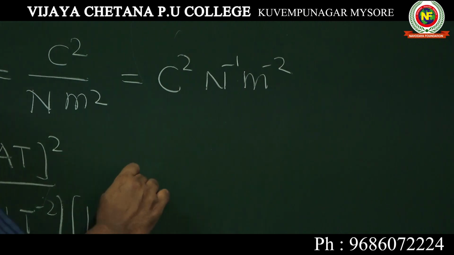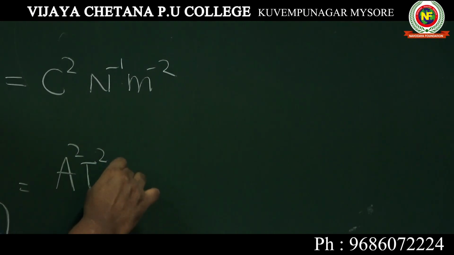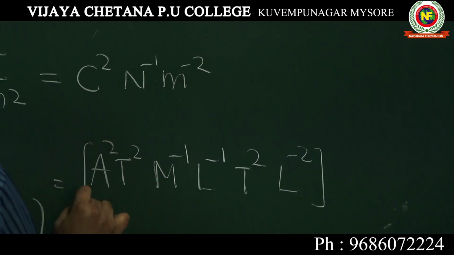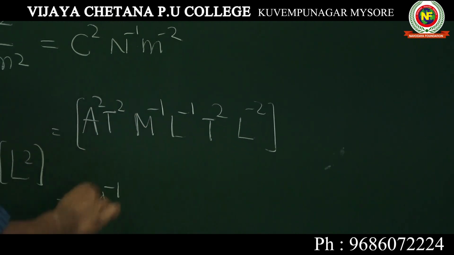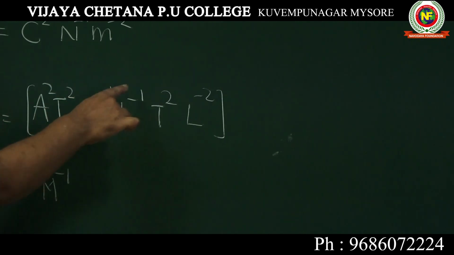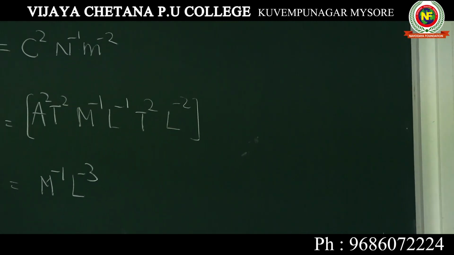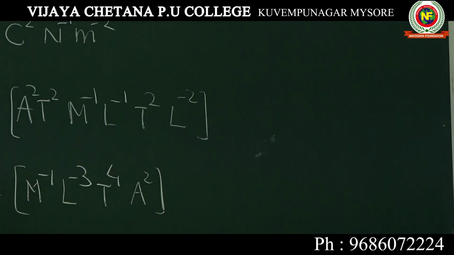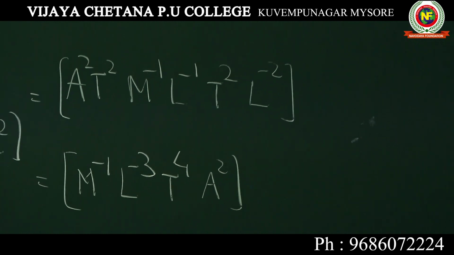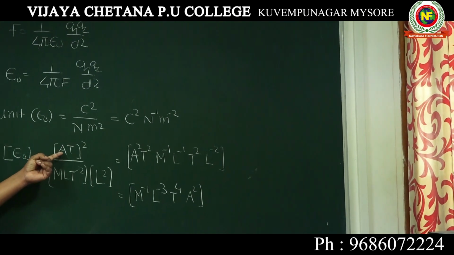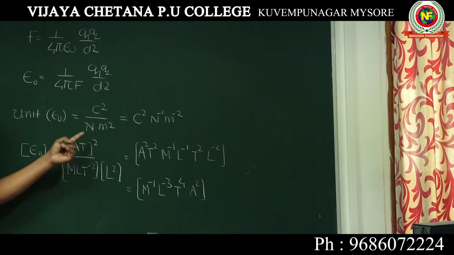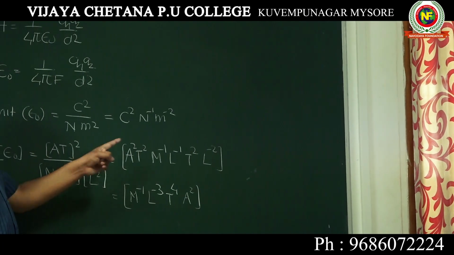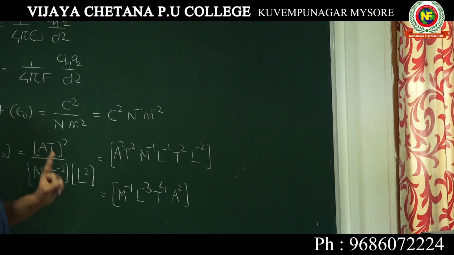On simplifying, A square T square; M comes to the denominator, M minus 1; L minus 1, L minus 2 gives L minus 3; T minus 2 comes to the numerator, T plus 2, so T square times T square gives T power 4.